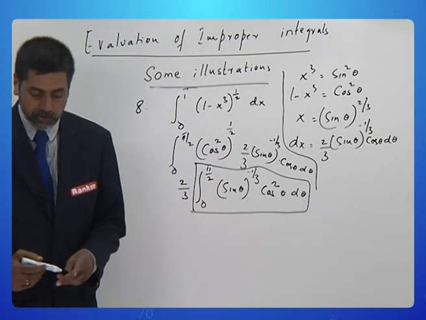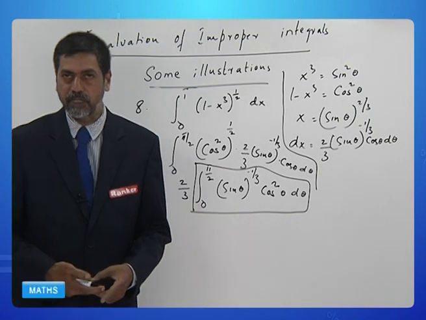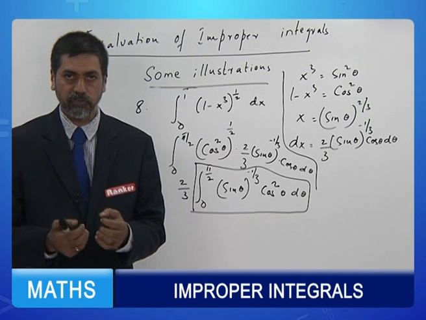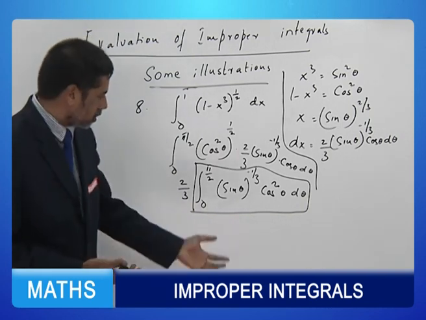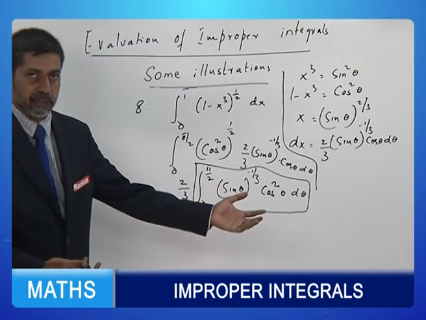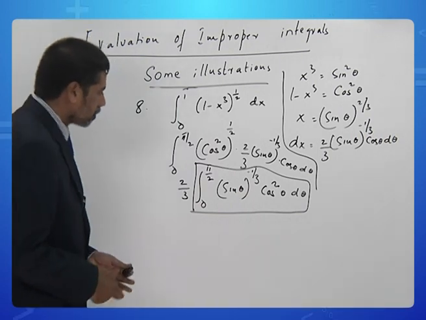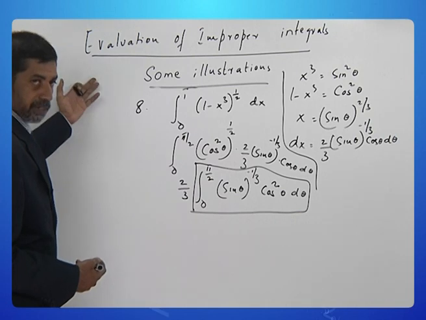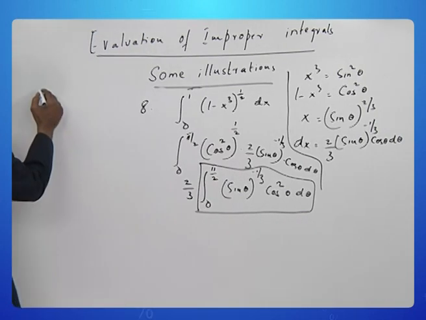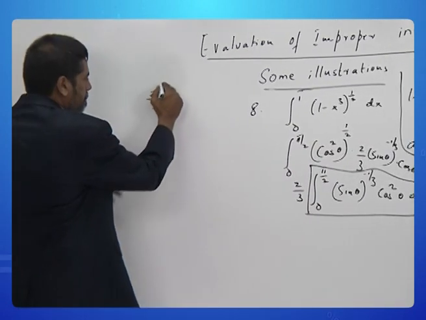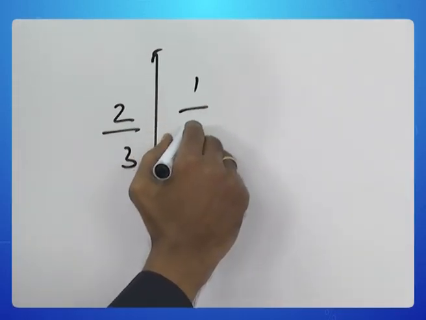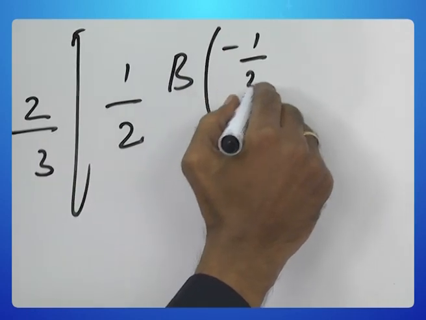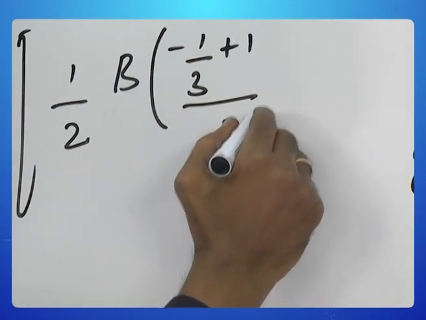Remember, the beauty of special functions is that ultimately no integration is done, but there are standard templates by which we can read the answer. So this form takes you towards a beta integral. So let me write it here and tell you how we can convert it into a beta integral. So this is 2 by 3 into half beta, with minus 1 by 3 plus 1 by 2.